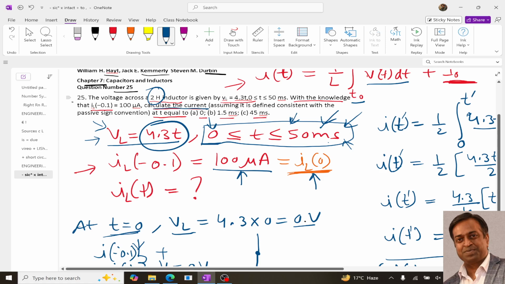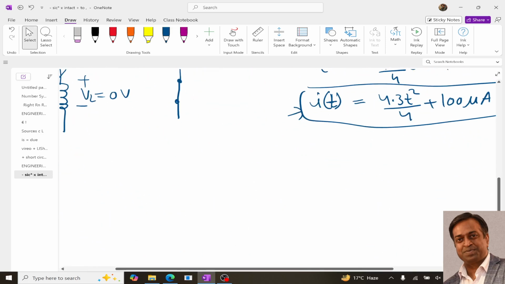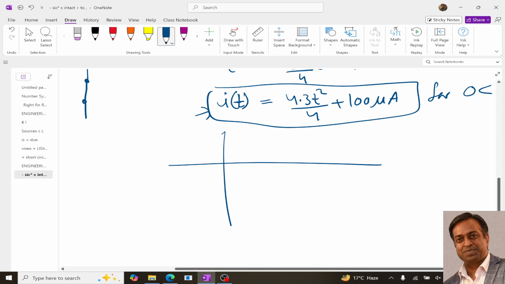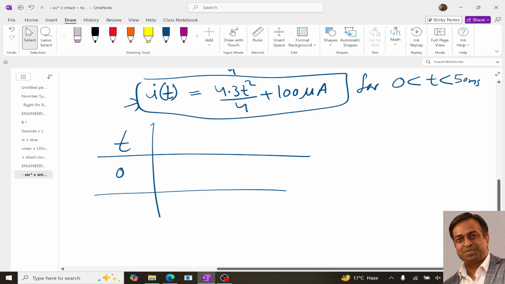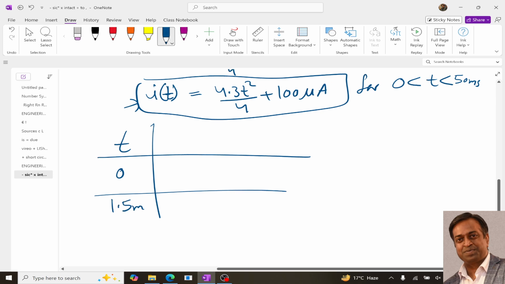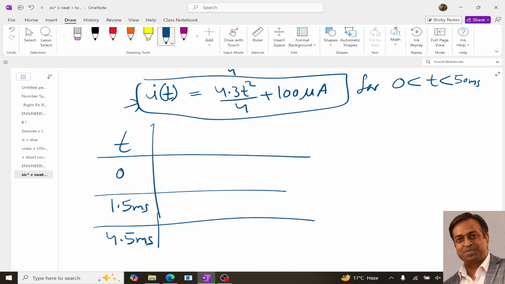Now coming back to the question, we need to determine the current at t equals 0, 1.5 and 4.5 milliseconds. It means we need to determine the current at 3 values of t.